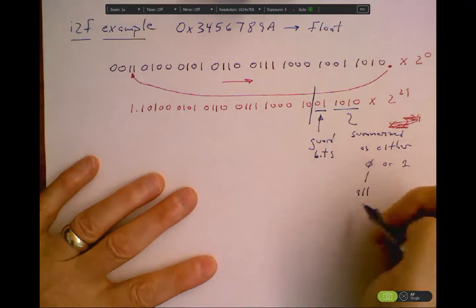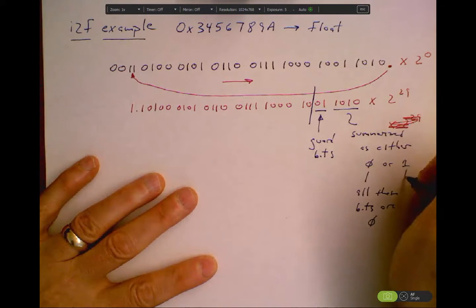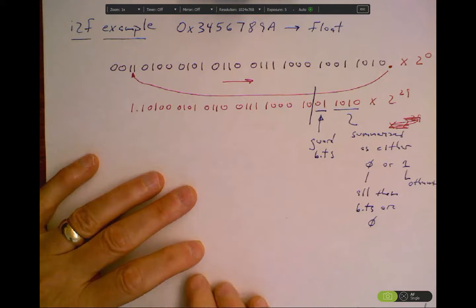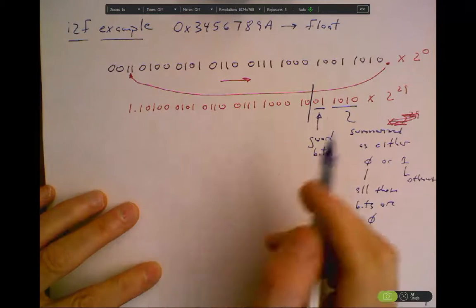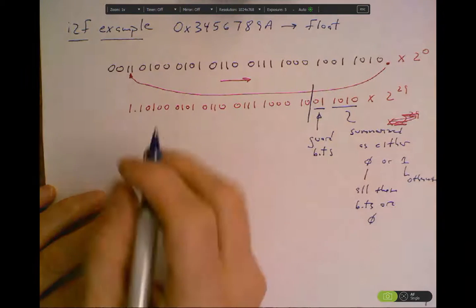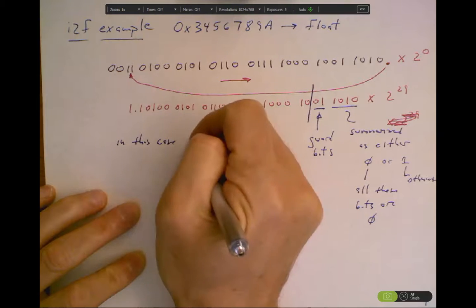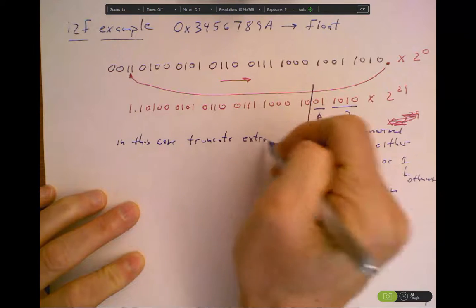I give a summary of 0 if all these bits are 0 and this is 1 otherwise. Okay. And again, I'll state the rules on another slide, but right now in this case it's a 0, 1 here, and what that tells us in this case, we're just going to truncate extra bits.